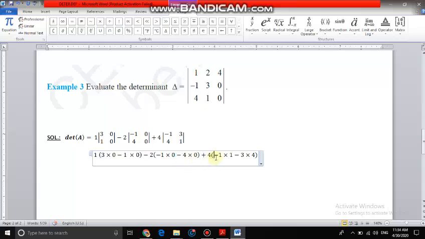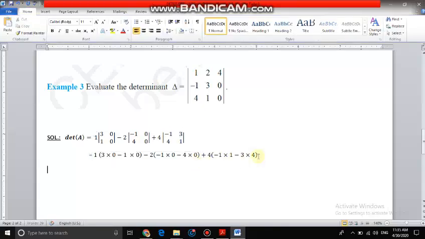Plus, here minus 1 into 1 diagonal element, this minus is from the number, and this minus is from the formula, 3 into 4. Instead of 3 here, for example, if I have minus 3 here, what I have to do is minus of minus 3. So I have to put the negative sign of the number as well as the sign from the formula. Both I have to manage.